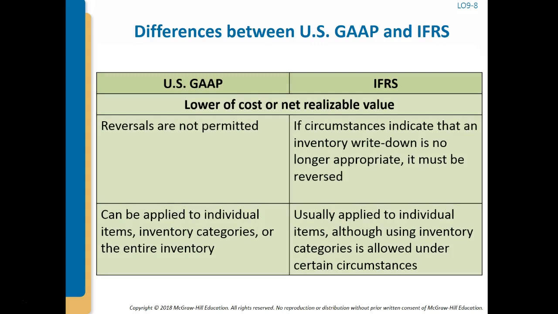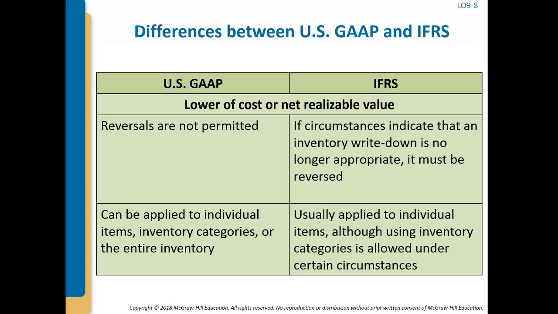You've learned that in the United States, some companies report inventory at the lower of cost or net realizable value. This is the same approach used under IFRS, but there are some differences between GAAP and IFRS in applying the lower of cost or net realizable value. First, IAS 2 specifies that if circumstances indicate that an inventory write-down is no longer appropriate, it must be reversed, while in GAAP we are not permitted to have reversals.